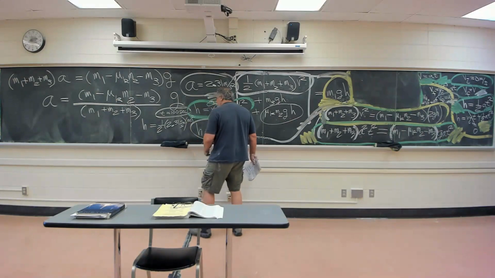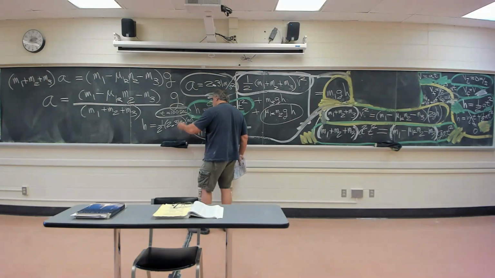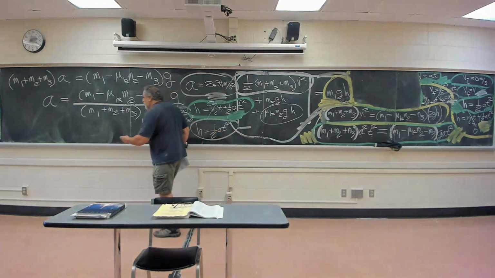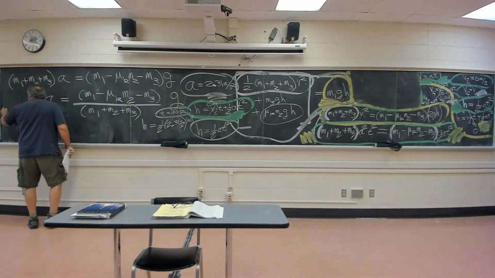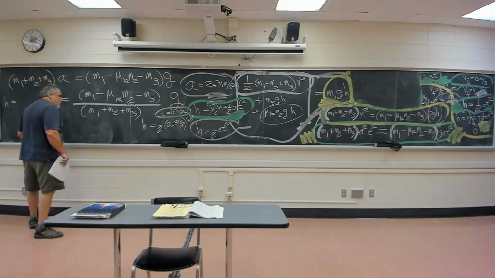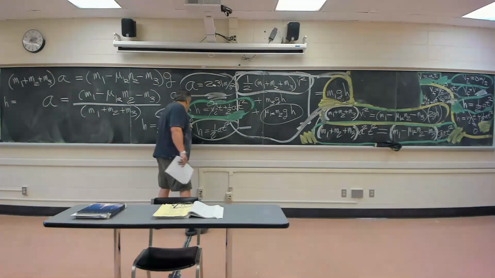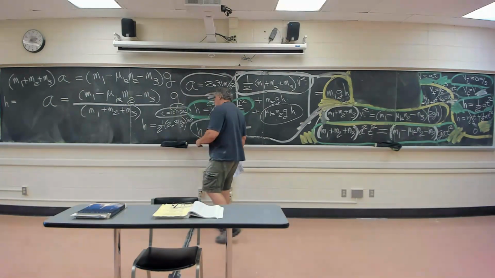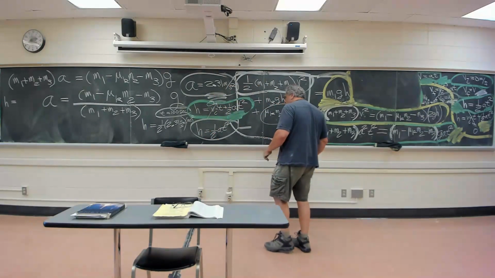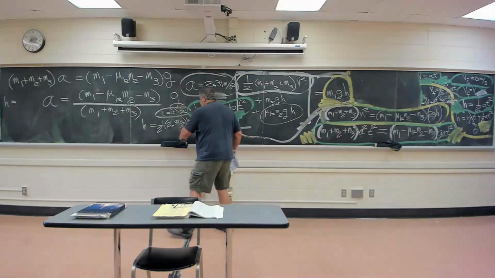Well, 100 squared is 10,000. I mean, we're just going on the fly here, guys. 10,000 times 2.31 is 23,100.